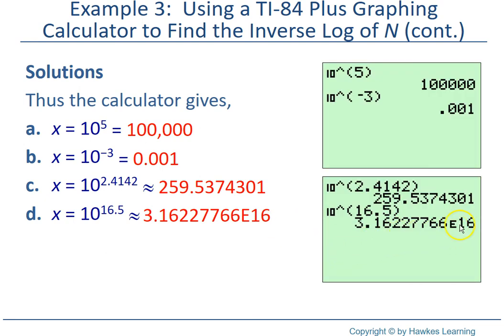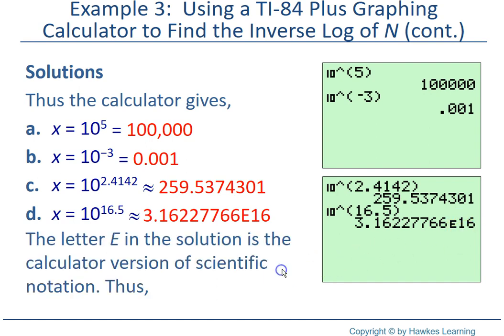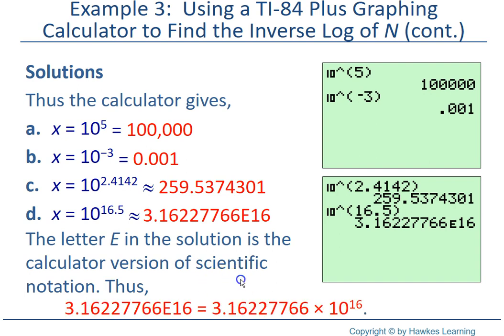And its exponent 10 to the 16th over here. And that's what they're indicating here as well. The E is the calculator's version of the scientific notation. So that translates to this.